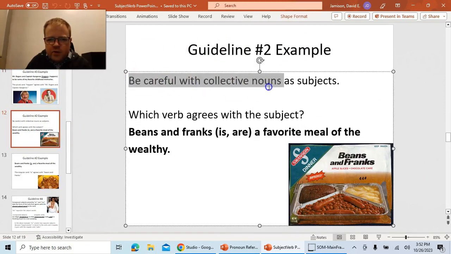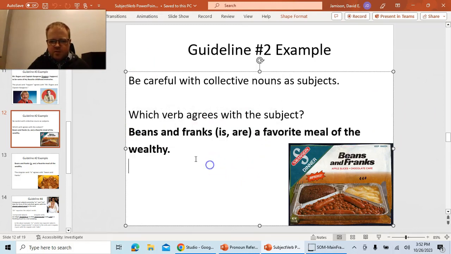Be careful with collective nouns as subjects. So this is anytime that you have a noun where it sounds like it's talking about a group of things, but it's actually a singular thing. The example it gives here: Franks and beans is or are a favorite meal of the wealthy.